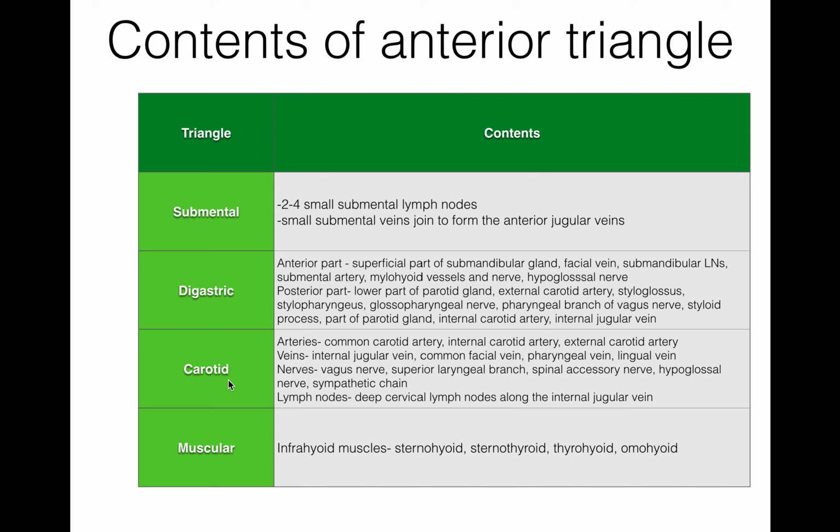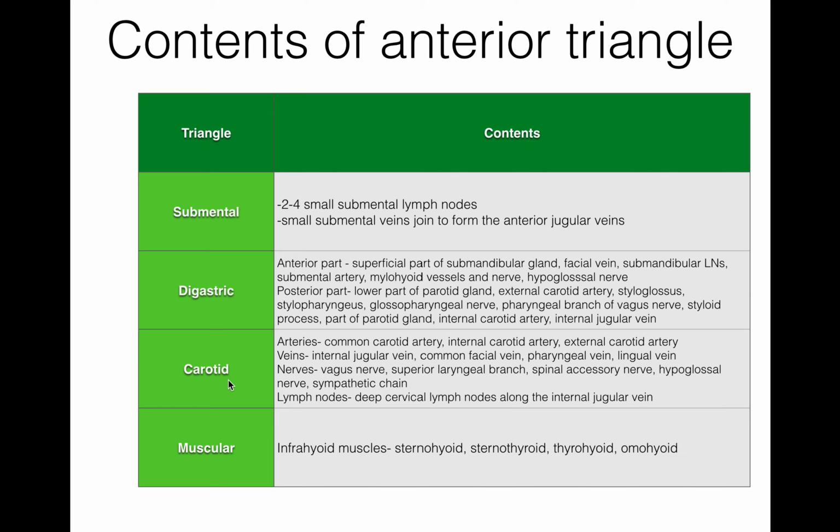And then the carotid triangle. The arteries of the carotid triangle are the common carotid artery, the internal carotid artery, and the external carotid artery. And then the veins are the internal jugular vein, the common facial vein, the pharyngeal vein, and the lingual vein.